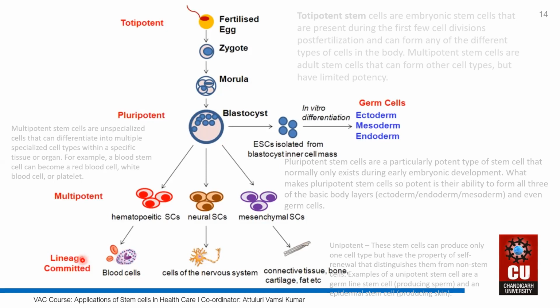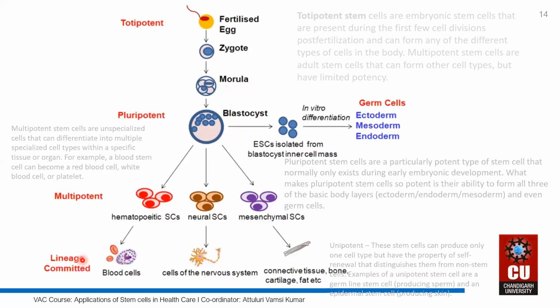Is there any practical use of understanding stem cells? Say, for example, I have a patient with severe anemia. I came to know that his bone marrow has died. The bone marrow is not functioning. He has aplastic anemia, which is a very deadly form of anemia, and is also a cancer. The bone marrow is not working at all. That means my patient cannot make his own blood cells.